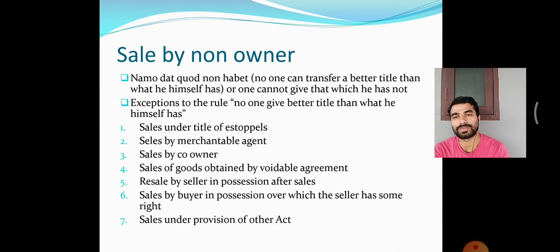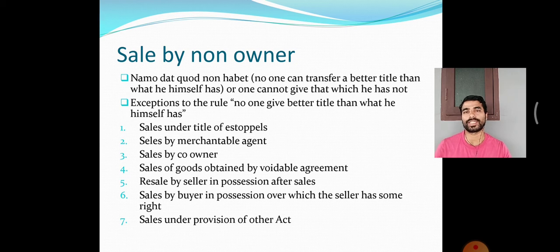What are these exceptions? Number one, sales under the title of estoppel. The word estoppel we used to discuss in our classes. So estoppel means by falsely stating that I am the owner.